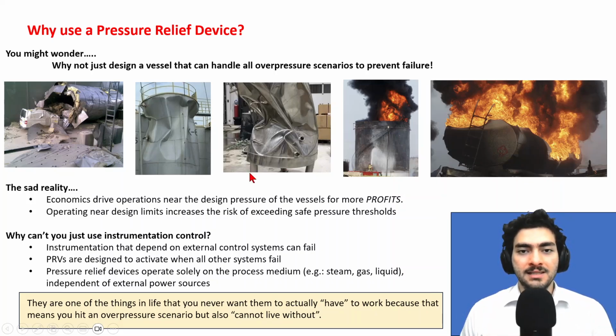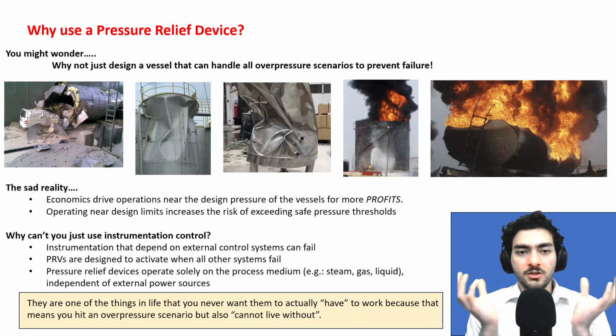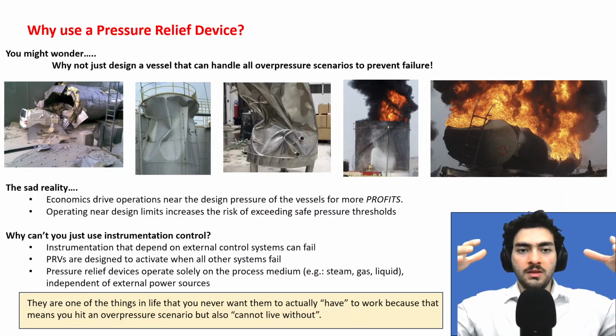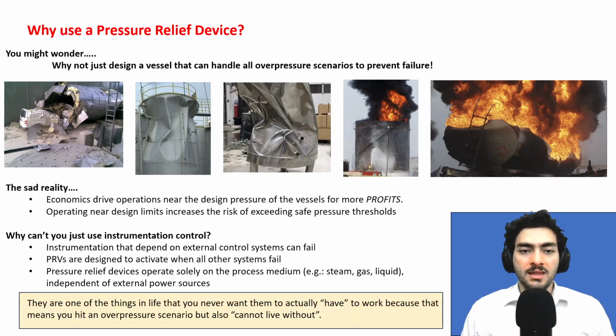So what that means is, instead of having an overpressure scenario, these vessels had an underpressure scenario where there was vacuum created, or the air had a higher pressure. The ambient pressure was higher than the pressure inside the vessel, and so you could see these large vessels just crumbling. And the last two pictures are fire incidents, and we will cover that in this course as well.